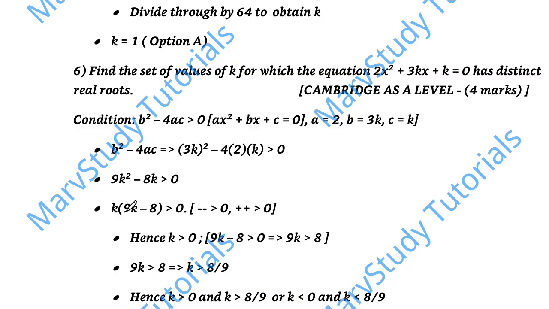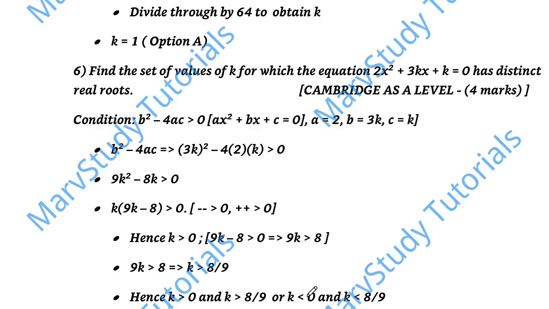Because if k is less than 0, that means we're going to have negative times negative, which is going to give us positive. And if it's greater than 8 over 9, we are still going to have a positive number. But if we use k greater than 0 at some point, we're going to have a negative number, which is going to contradict the purpose of that inequality.